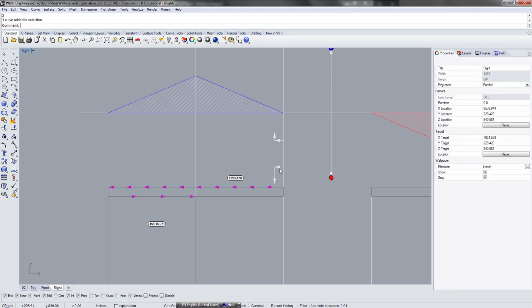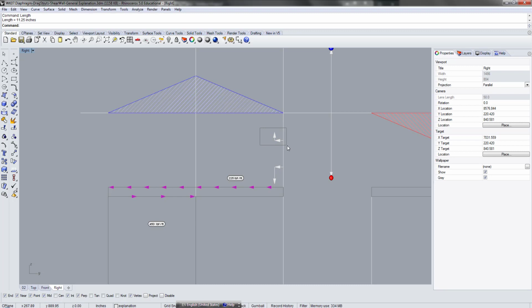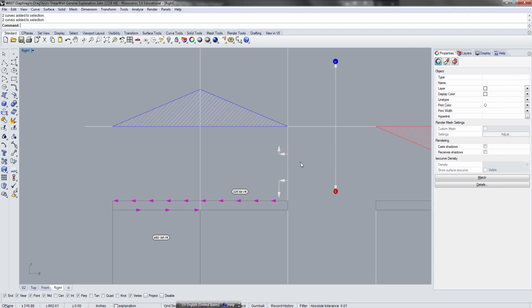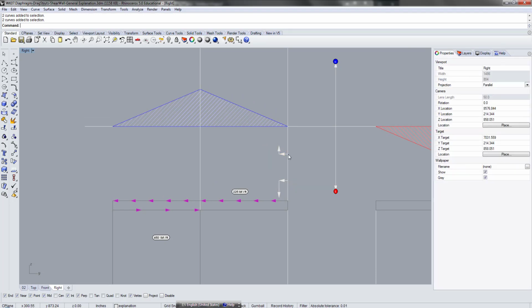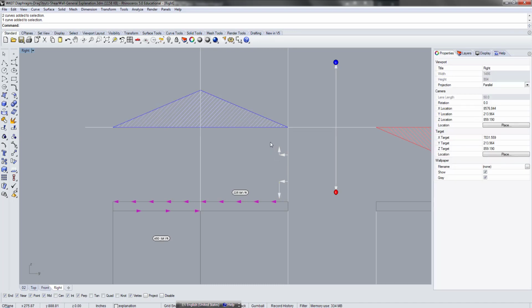So the length of this one is 22.5, this is 11.25, but that's arbitrary. I'm just trying to show this proportionally correct. Does that make sense? Whatever goes up is compressive force per linear foot, whatever goes down is tension per linear foot.